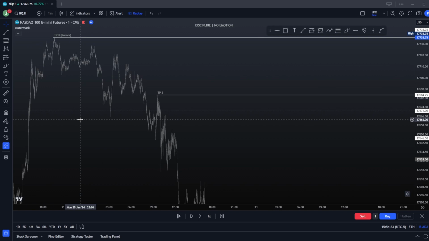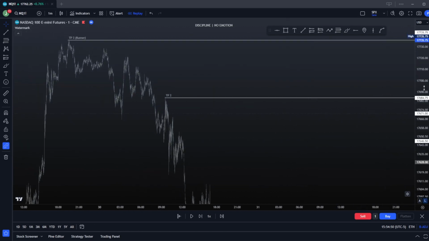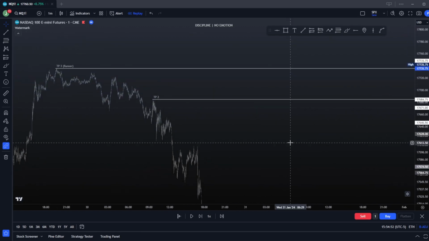Yeah, scaling out is, I would say, more advanced. Definitely, it's a more advanced skill to develop, because, like I said, you have to come to know price and see as it's developing in your trade that it's confirming and confirming and confirming what you want it to do.